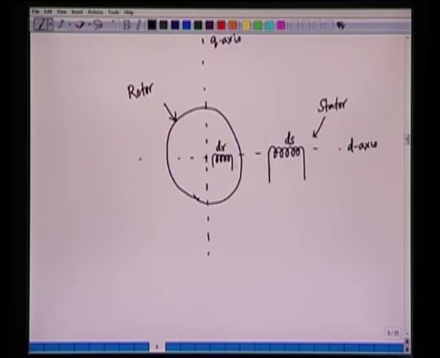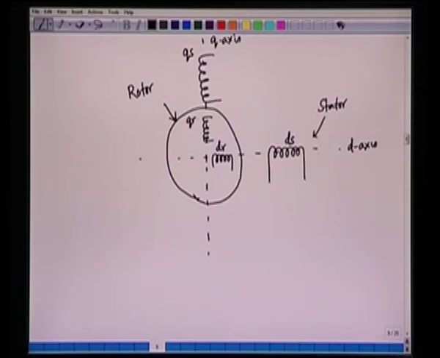So I have one winding in the D axis stator and one winding in the D axis rotor. Similarly, I have another winding in the Q axis stator. I call this winding QS, and I have another winding in the Q axis rotor. I will call this winding QR.